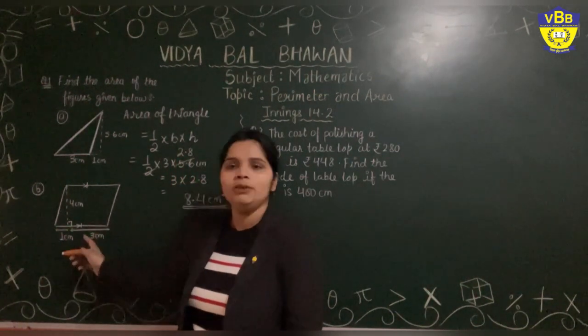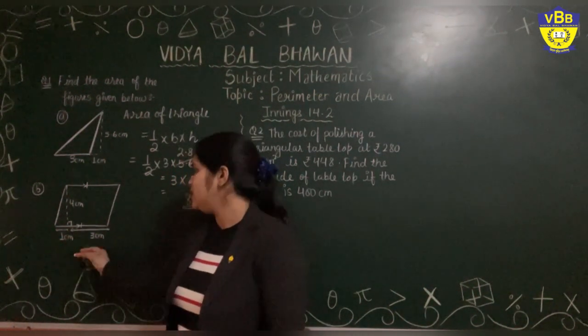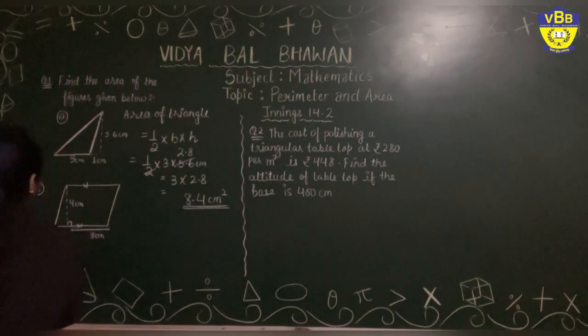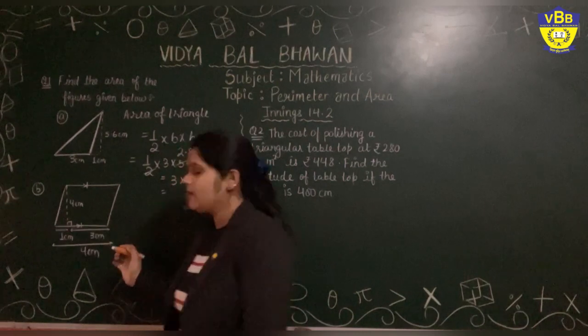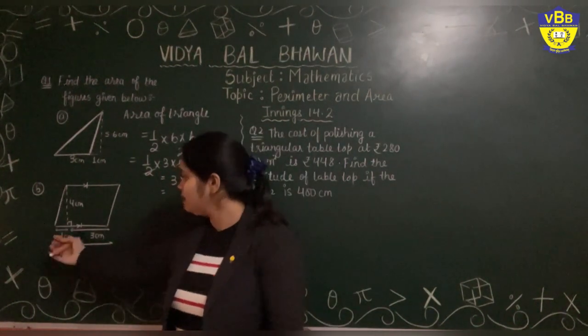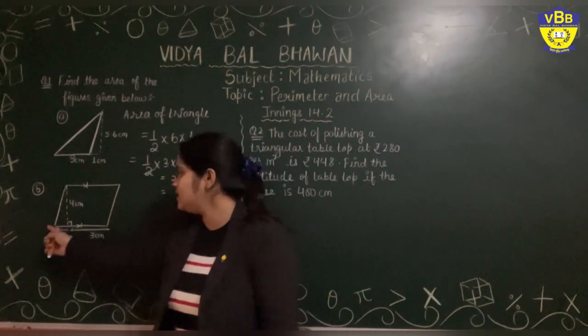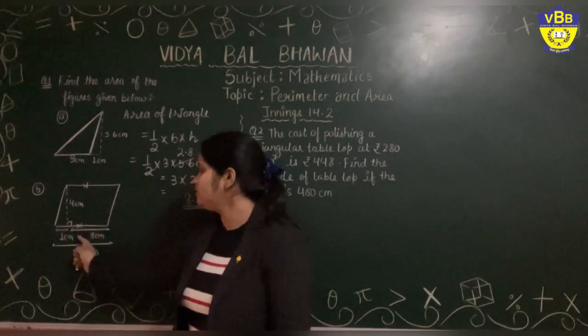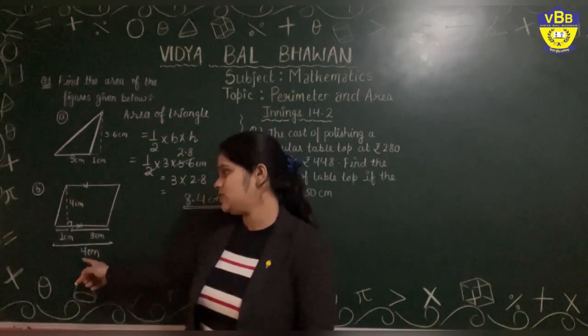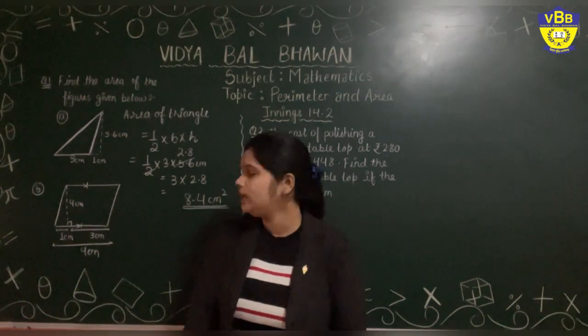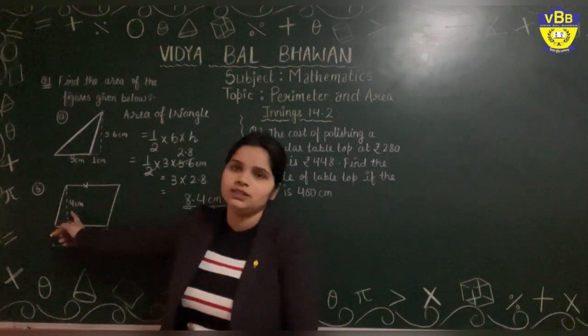3 plus 1 will be 4. So 3 plus 1, what is the base? Base is total 4 centimeter. Why have we considered this? Because in this figure, this base is the complete length of 1 centimeter and 3 centimeter. Finally, the base is 4 centimeter and its corresponding height is again 4 centimeter.